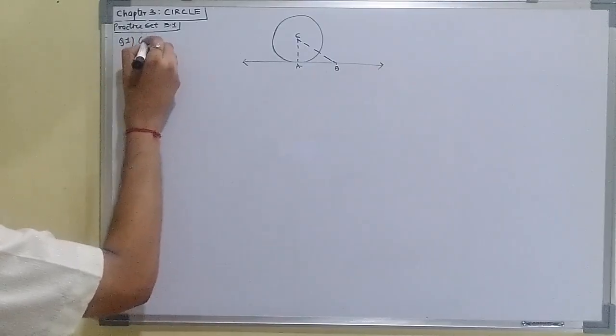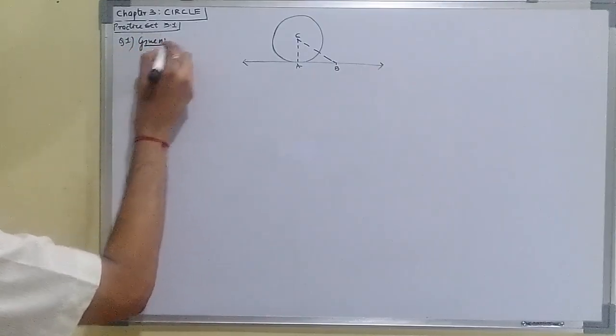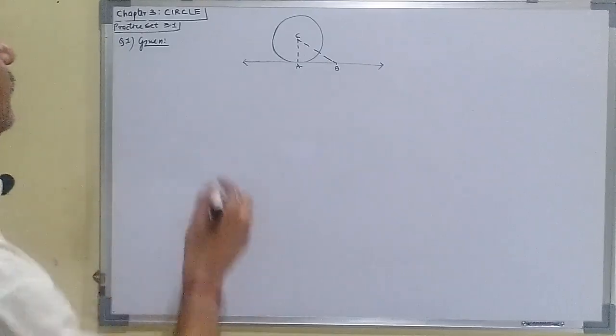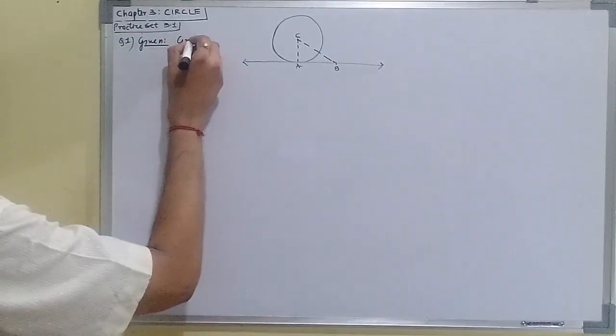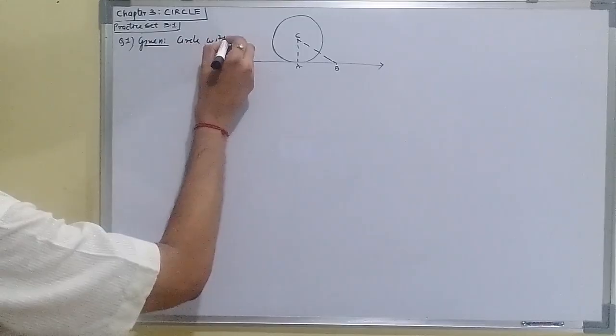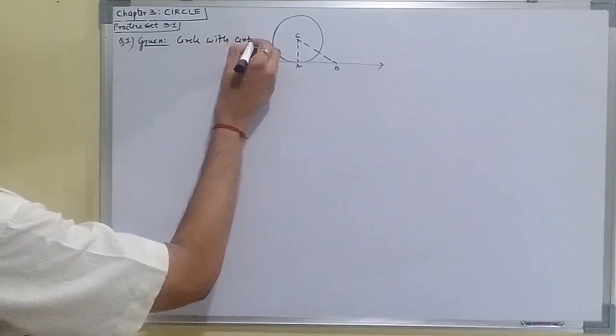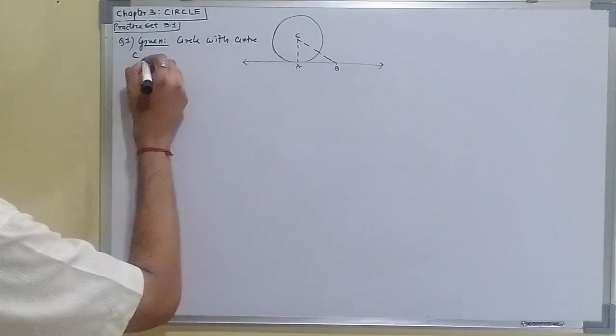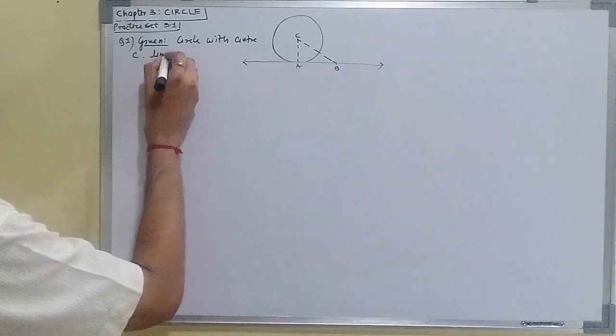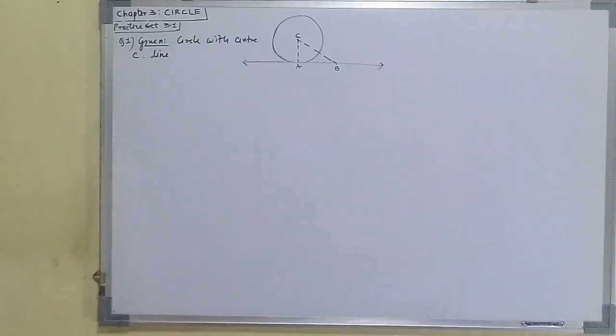So write given. Circle with center C. Line AB is a tangent.